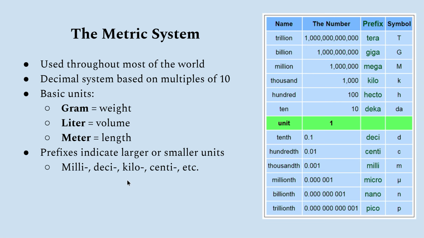In culinary, we do have a couple of these terms. Kilo is definitely most common, and milli. We really don't go beyond a kilo or milli, so we stay within this range. Those are the most common units of measure you're going to see in the culinary world with the metric system.